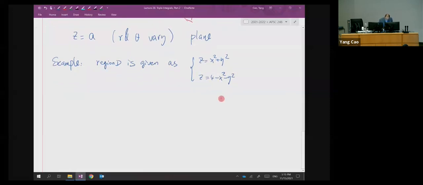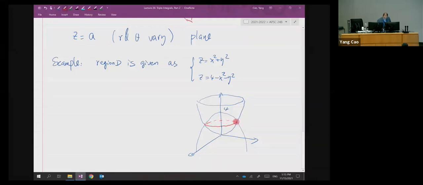So we're able to sketch this region D, because the two surfaces here are fairly familiar to us. The first one, z equal to x squared plus y squared, is a paraboloid pointing upward. And z equal to 4 minus x squared minus y squared is a paraboloid pointing downward, with the maximum value 4 over here.